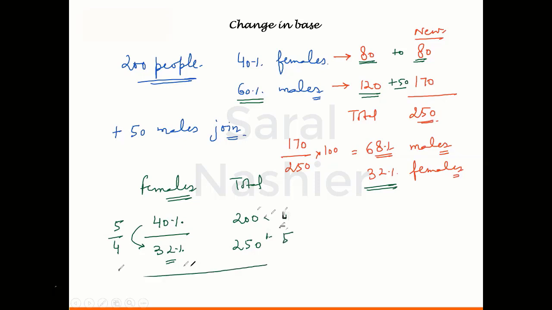And this is the rule I'm discussing with you: whenever a number remains constant, the way the number of females here has remained constant but the total changes, the percentage of females will change in inverse proportion to the total.